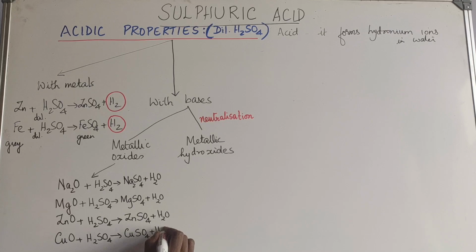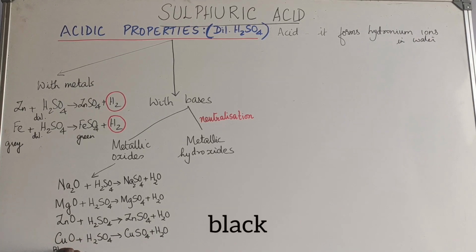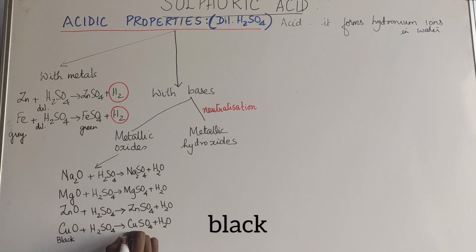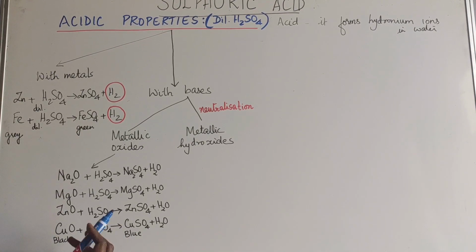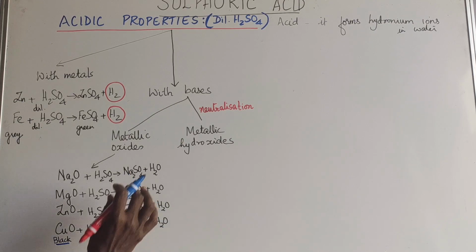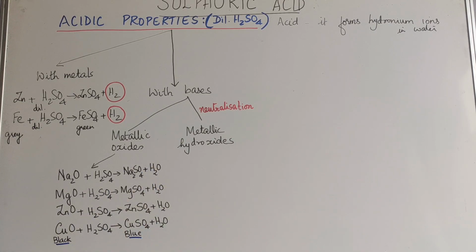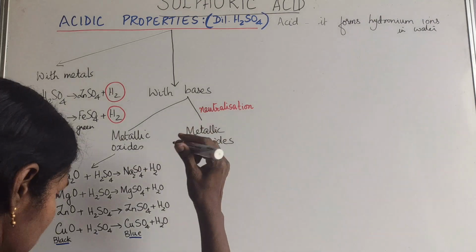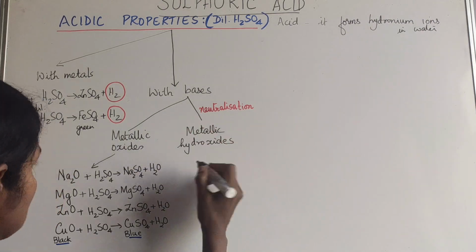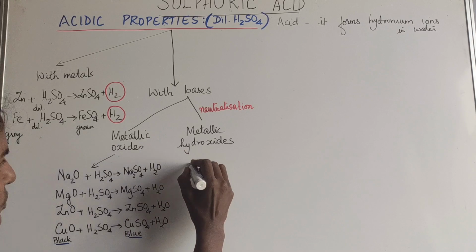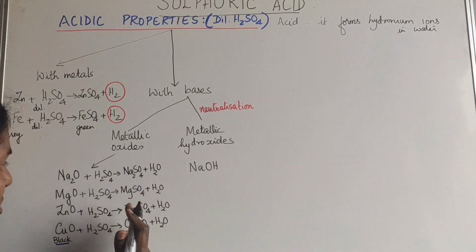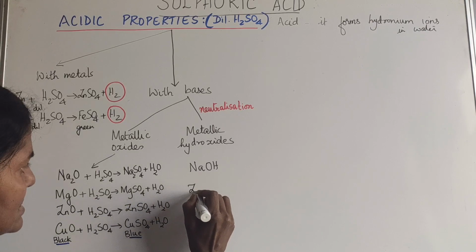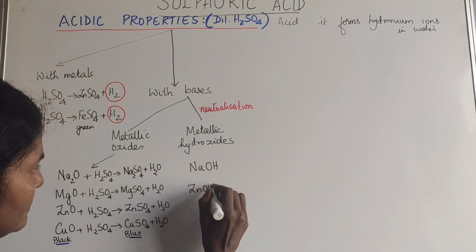This alone, this is a black colored powder that becomes a blue colored solution. Okay, so this is to be made note of. All others would give you salt and water. Let's move on to metallic hydroxides. We can take sodium hydroxide, and maybe among the three we could take zinc hydroxide.